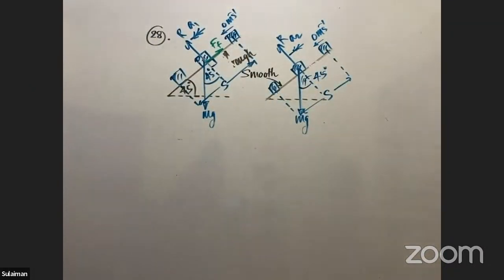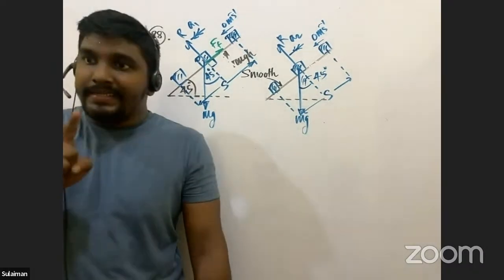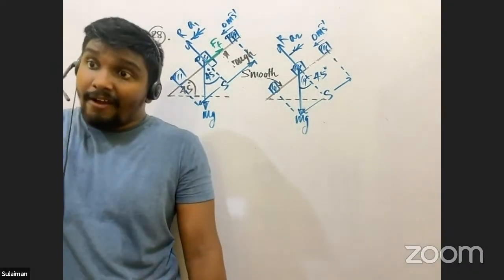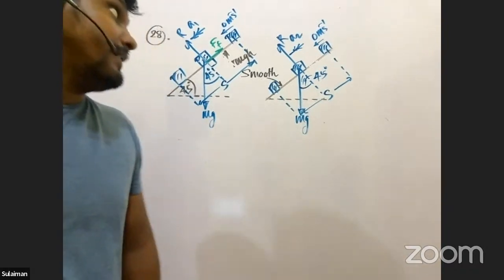Now they have given in the question, the block takes twice as much time to slide down the rough plane compared with the smooth plane.